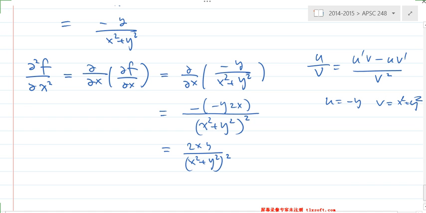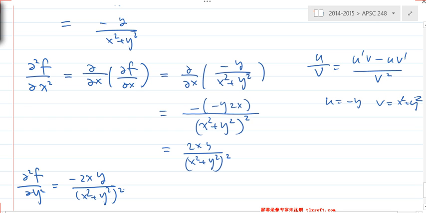And you can carry out a similar calculation for the partial derivative with respect to y. So you'll end up with this answer here. It's the opposite of the second order df over dx.